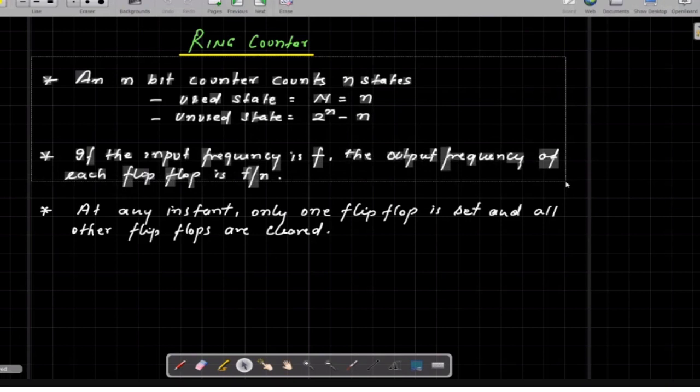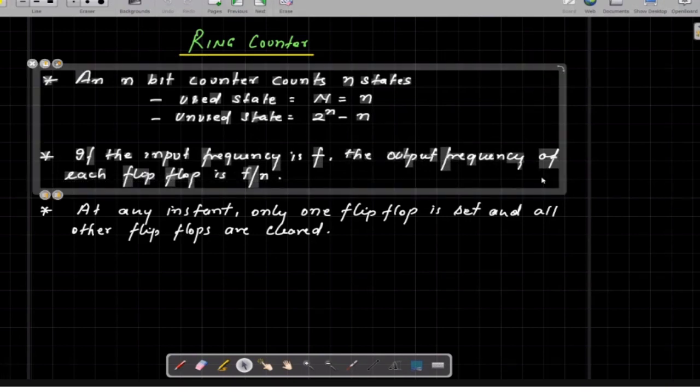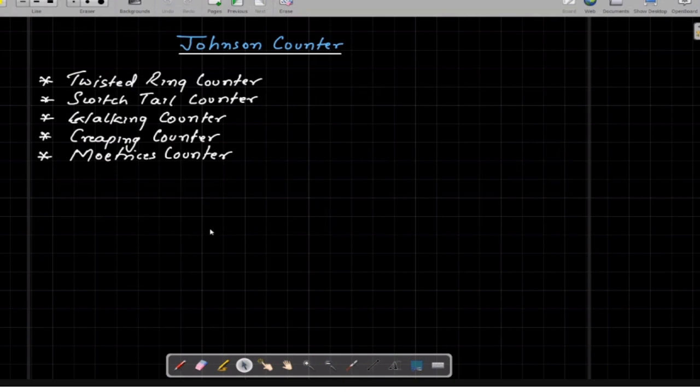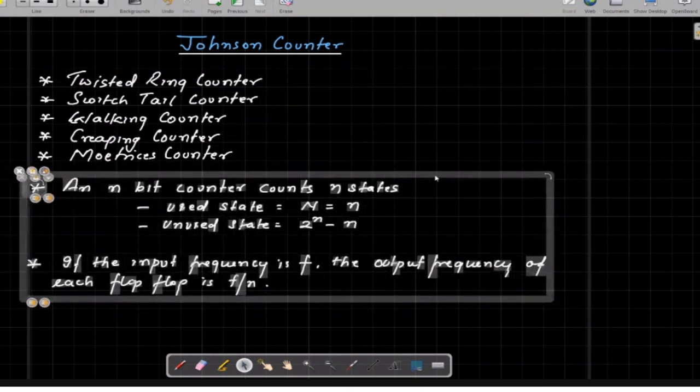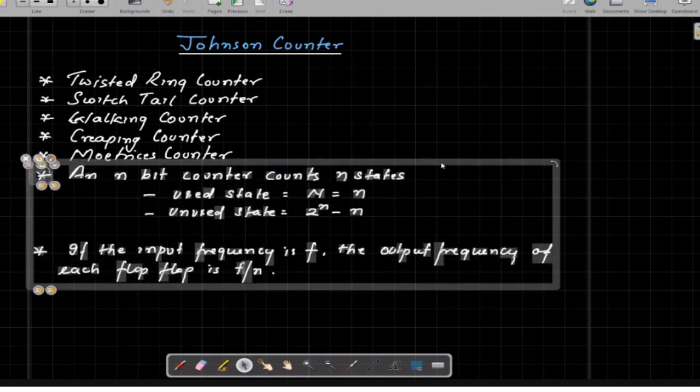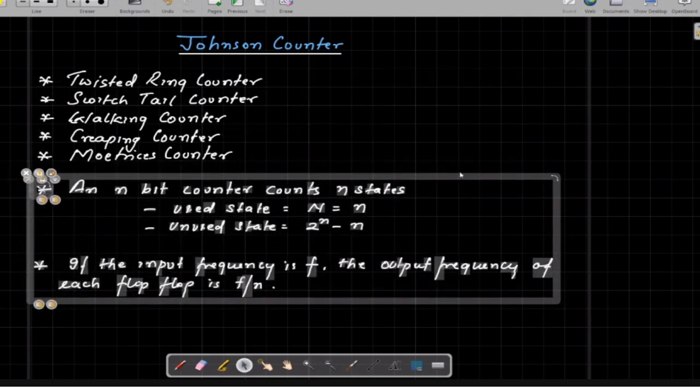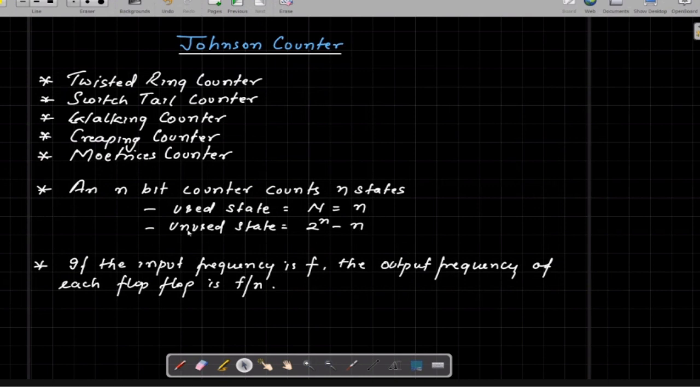in any counter we have these kind of things. So let me copy it and paste it over here. So these statements are also correct in context to Johnson counter, that n-bit counter counts n states, but here the n-bit counter counts 2n states.